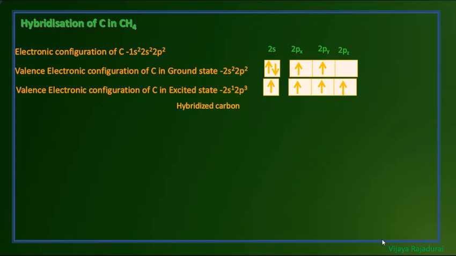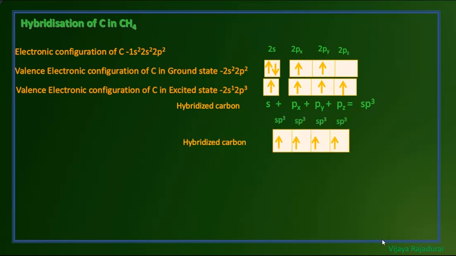After hybridization, the carbon has 4 sp3 hybridized orbitals with 4 unpaired electrons. These electrons have the same energy and same shape. The shape of s orbital is spherical.